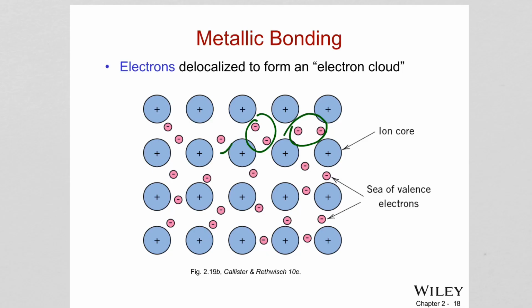A simple model is shown. So the electrons are free to move in the structure. They are forming a sea of electrons. Therefore, it is the reason why they can conduct electricity and heat easily.